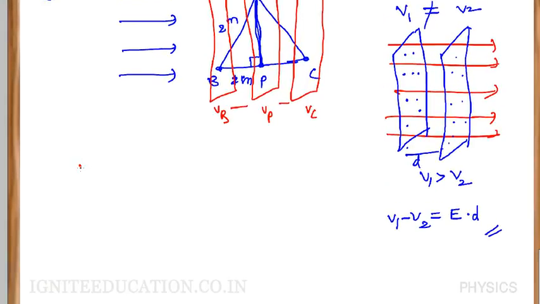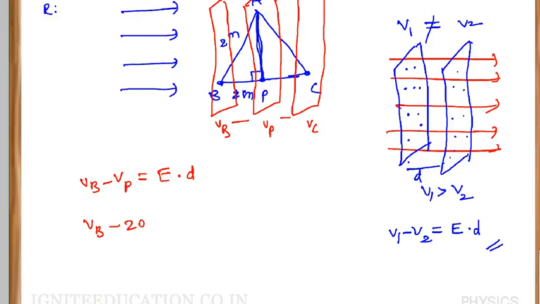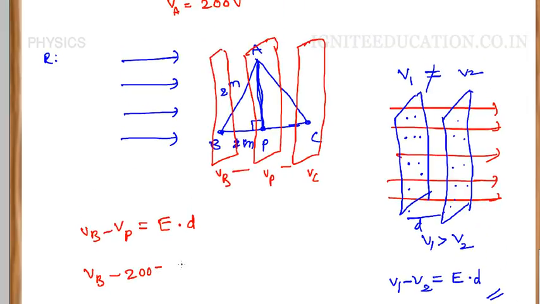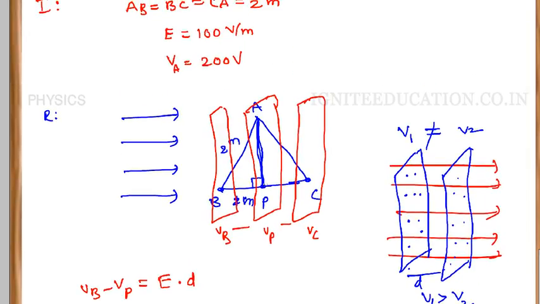So now VB minus VP is equal to E into d. d means the distance between those two points. VB we need to find out, minus VP is 200. Why is VP 200? I will explain right now. Because AP is a straight line which lies on the equipotential plane. So whatever the potential at A is the same as the potential at P also. So VP is 200 volts.